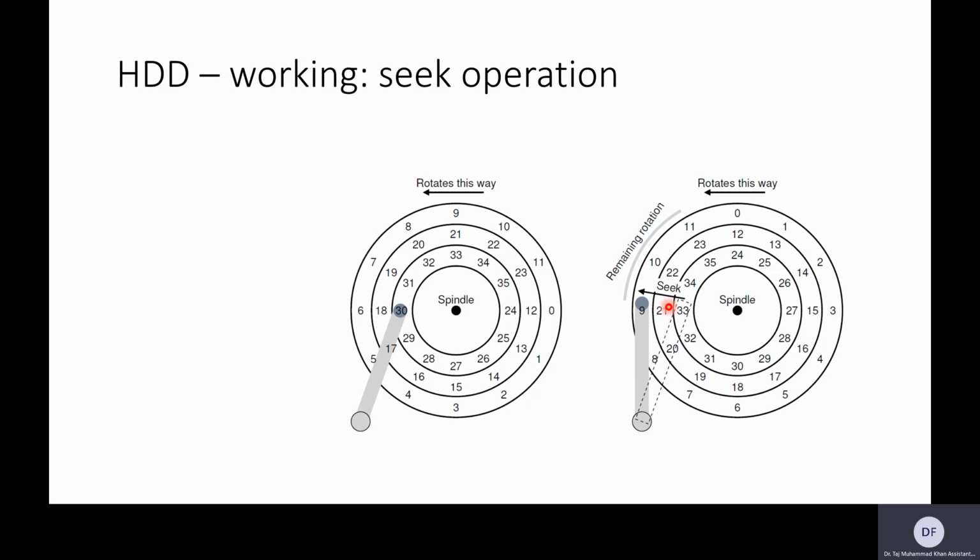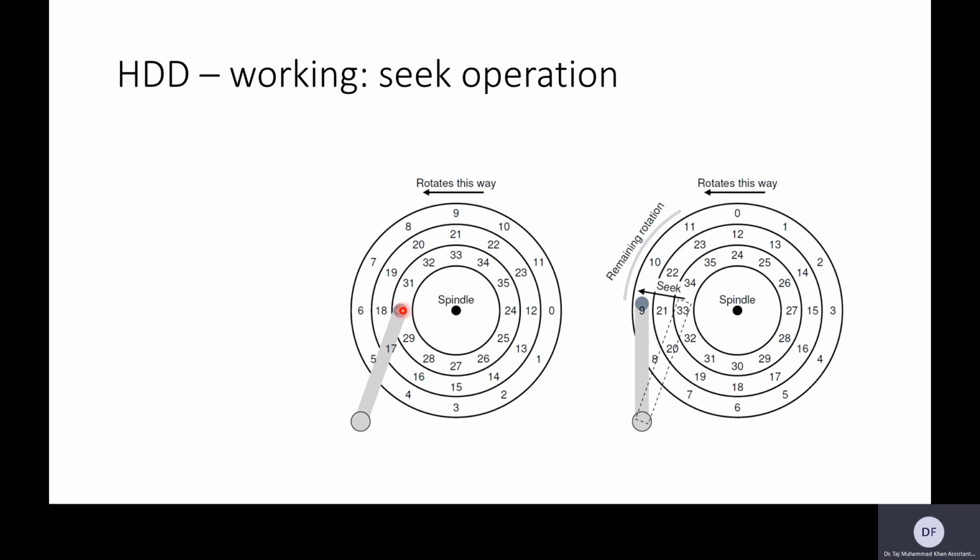So here we have another platter which is slightly more realistic: instead of having one track, we have multiple tracks. In the last slide we discussed that if you want to read data from the same track, then we have to rotate the hard disk so that the desired sector comes under the head. What if we want to read data from a different track?